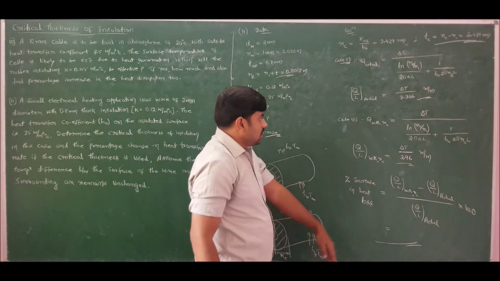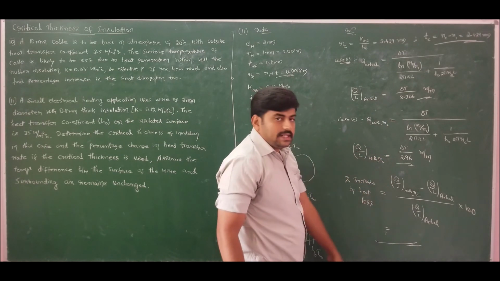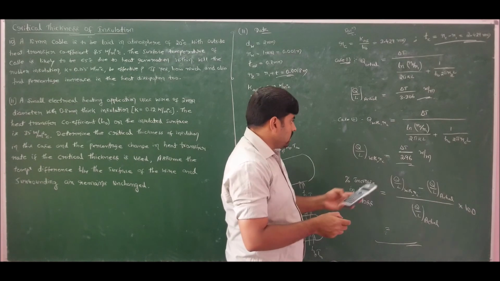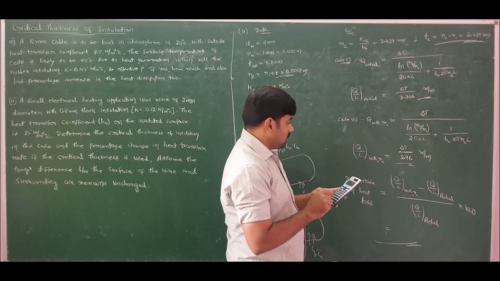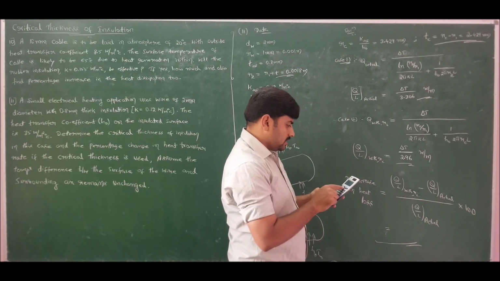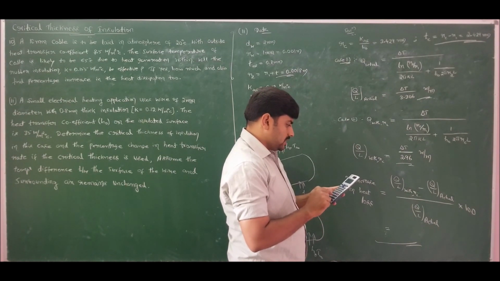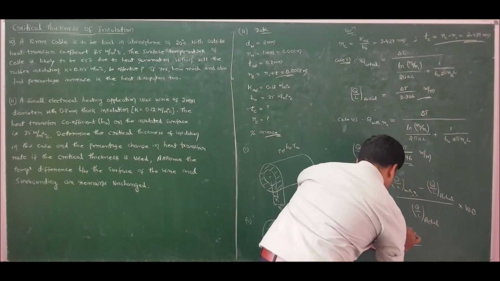If I substitute and solve, I can take delta T common and cancel off delta T in both numerator and denominator. I am left with 1 by 2.96 minus 1 by 3.306, divided by 1 by 3.306, into 100, which is 11.689%.